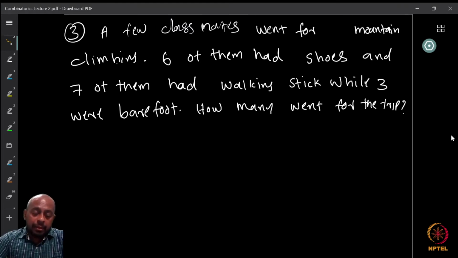Maybe the 7 of them who had walking sticks were precisely those having shoes and those who were barefoot, or maybe some of them had something else like boots, right?